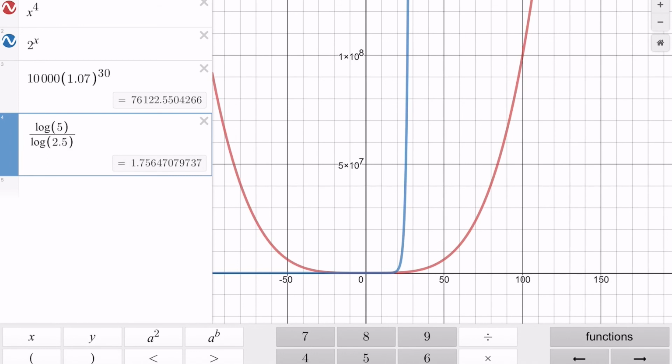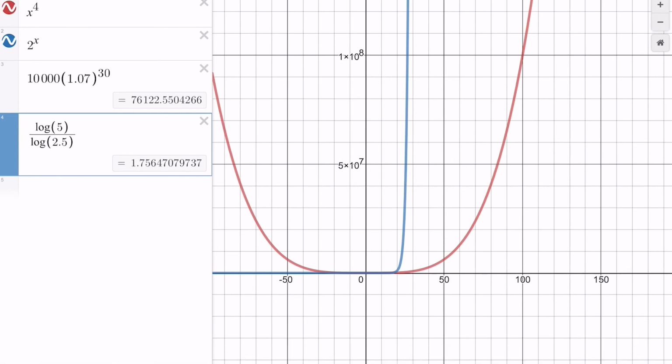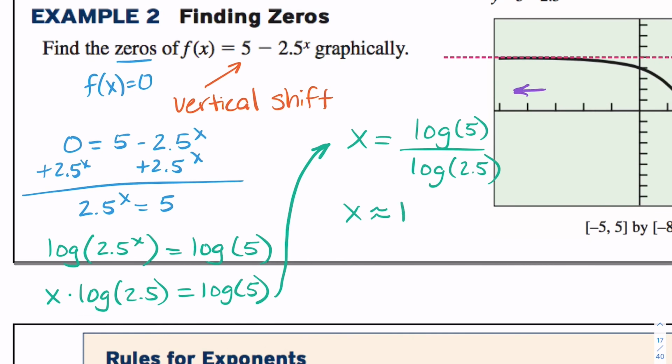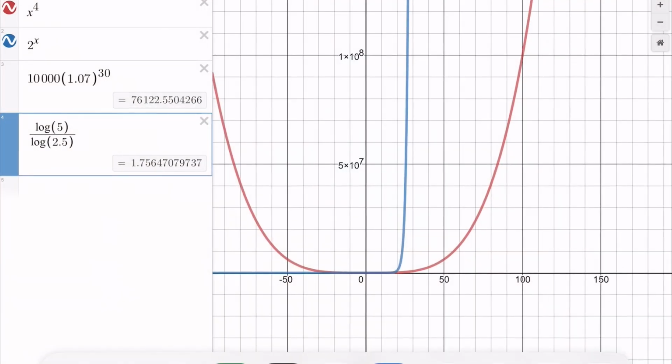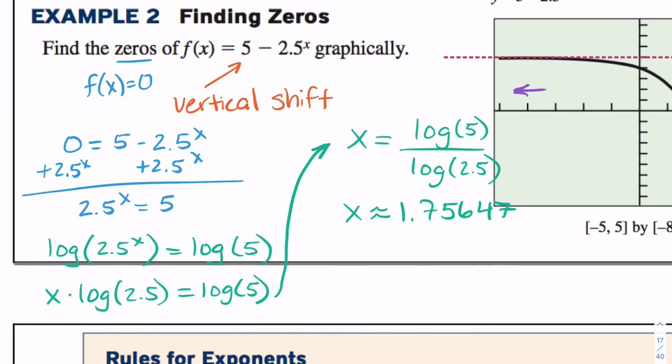And that's about 1.75647. That's good. Okay. And that is our answer for what our 0 was.